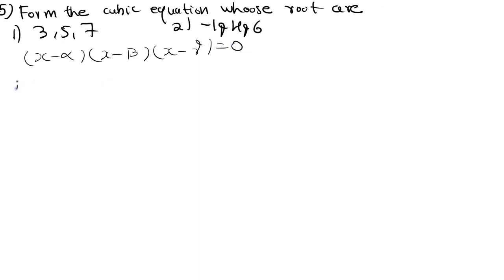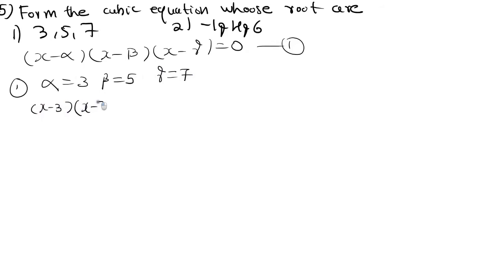So consider the first equation. Take alpha value is equal to 3, beta value is equal to 5 and gamma value is equal to 7. Substitute in equation 1. What you will get? x minus 3 into x minus 5 into x minus 7 equal to 0.